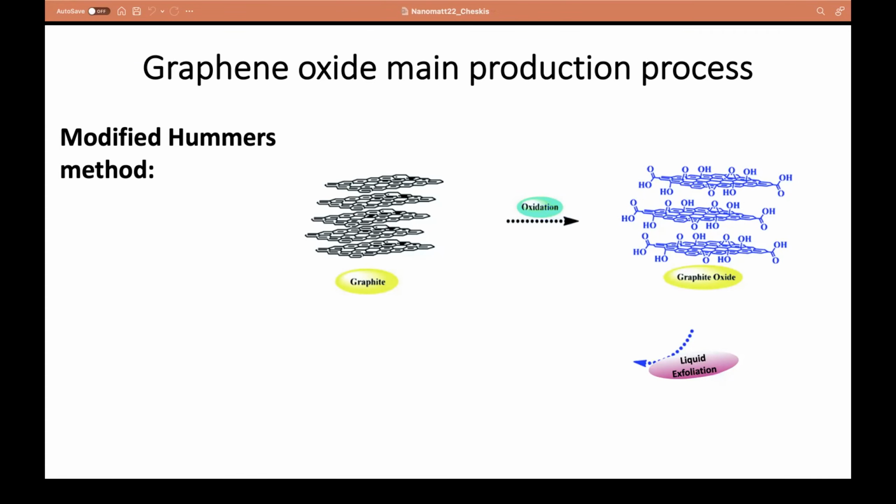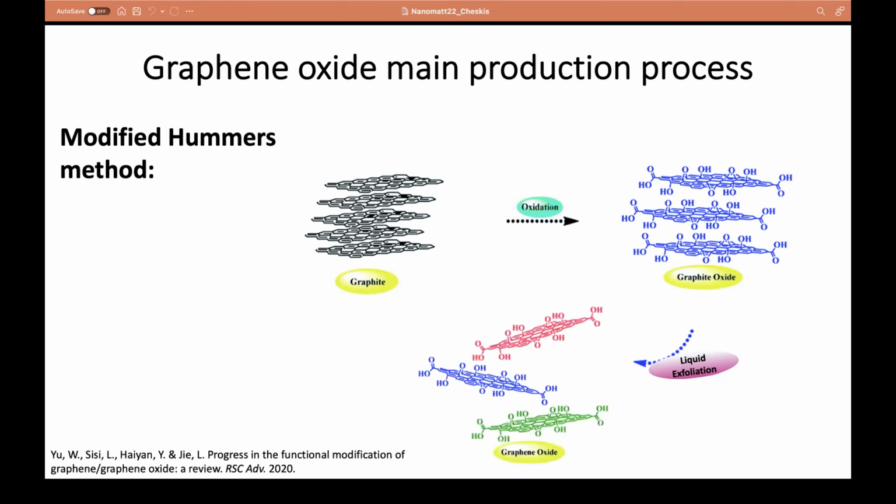These oxygen groups make a weaker connection between the layers, which already is not that strong. And if we apply a different process like sonication, chemical or thermal processes, we can separate these layers and achieve graphene oxide, which is a layer of graphene with oxygen groups.